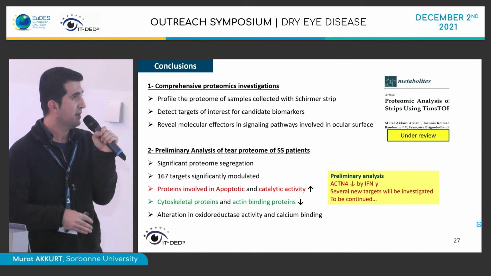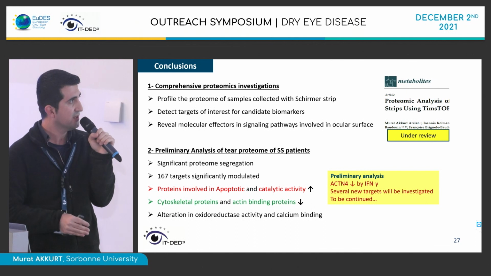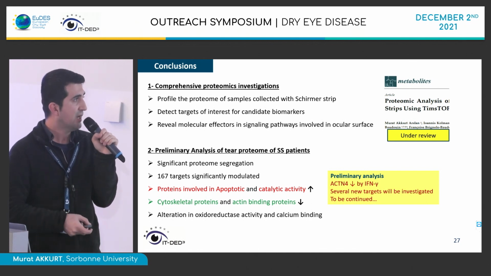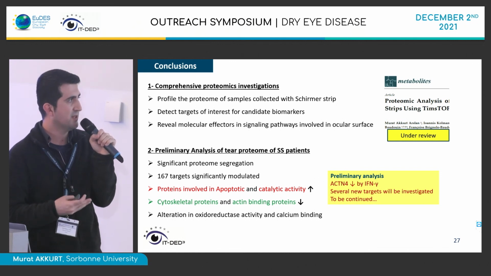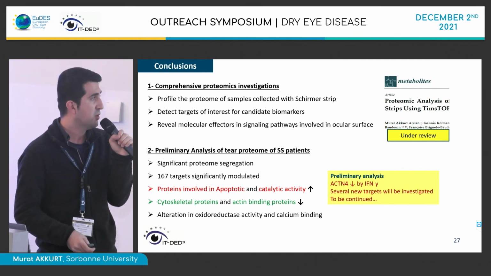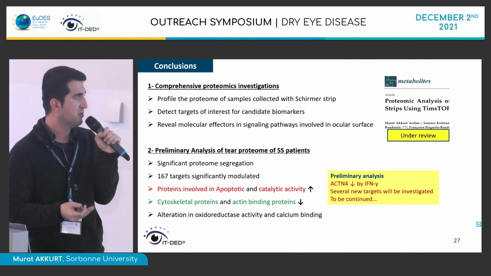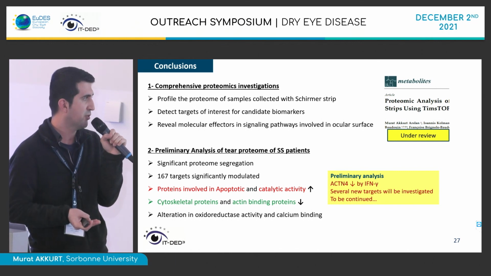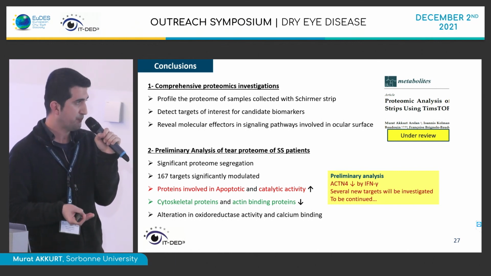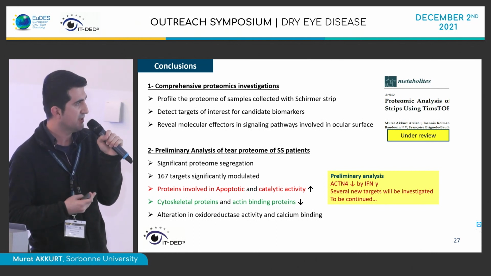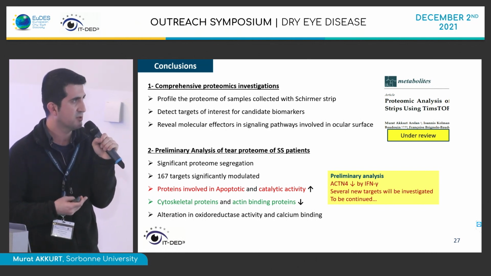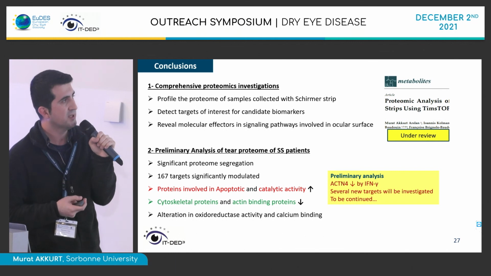And we identified a high number of significantly modulated proteins. And when we analyzed the function of these proteins, we saw that the upregulated ones were more related to apoptotic or catalytic activity, whereas downregulated were more related to cytoskeletal and actin binding proteins. And we also observed an alteration in the proteins of oxidoreductase and calcium binding proteins.